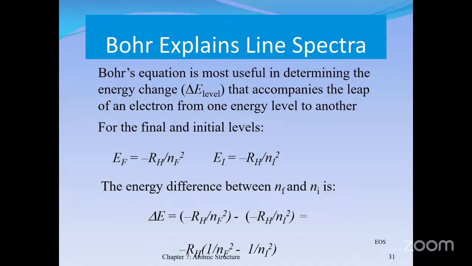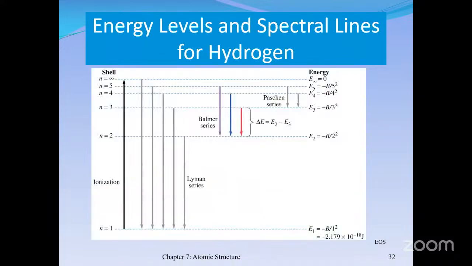Alright, so this diagram here shows you some transitions. And let me just say, this is specific to the hydrogen atom. We're going to say more about other atoms later on. These are different transitions where the electrons are falling from higher orbits to lower orbits.